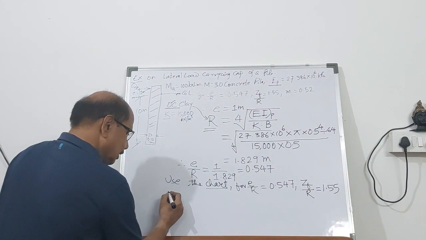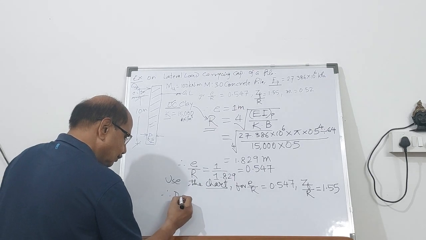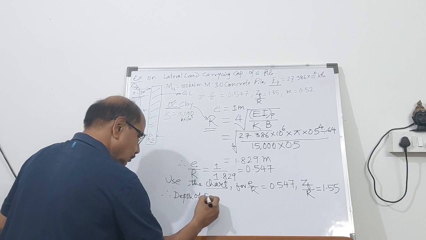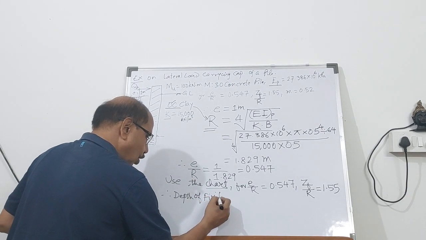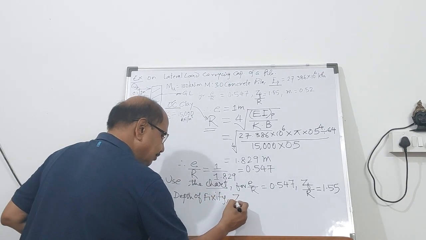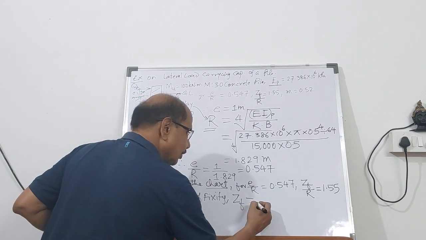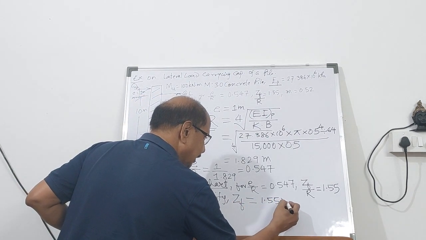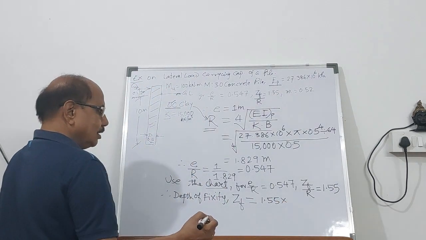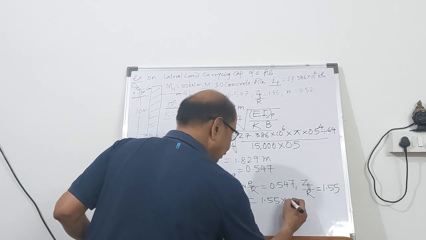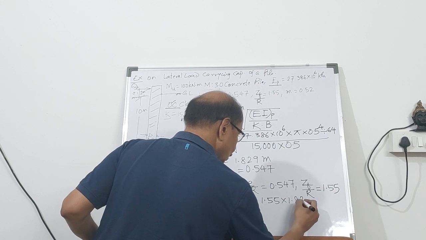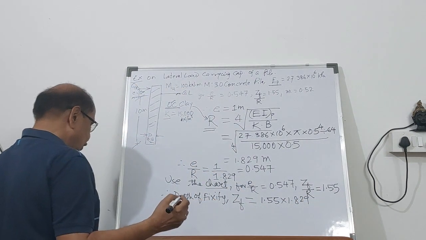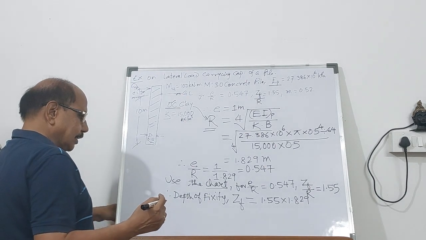Therefore, the depth of fixity of the pile, ZF, will be 1.55 multiplied by R, where R is 1.829 meter.